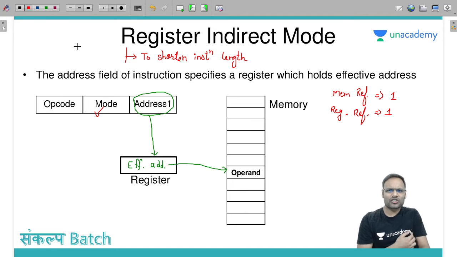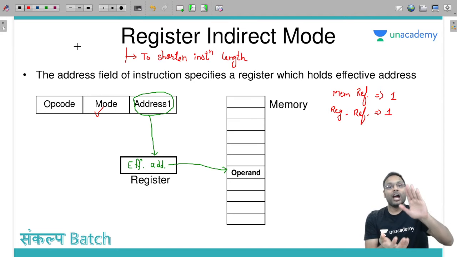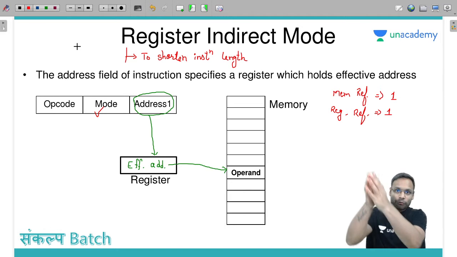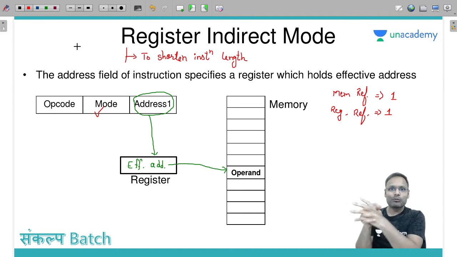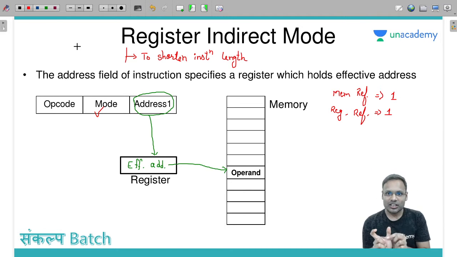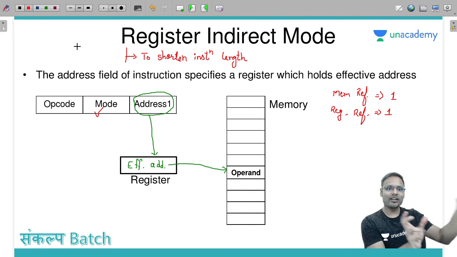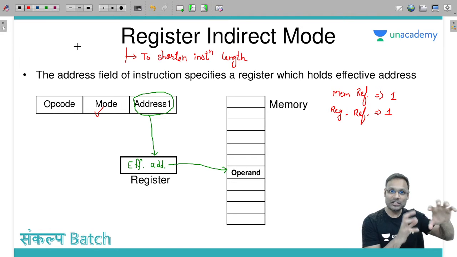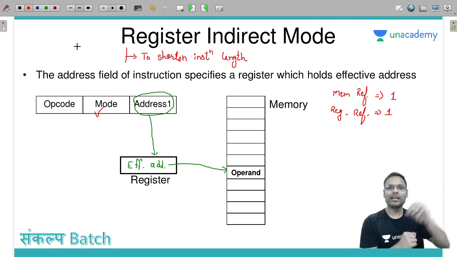So will different instructions use different modes? Of course they will. If you have written a particular piece of code, each and every instruction is very different. One instruction says I have to take both operands from registers. Another instruction says one operand from register, another operand from memory. So based on the instruction, my mode can be changed.